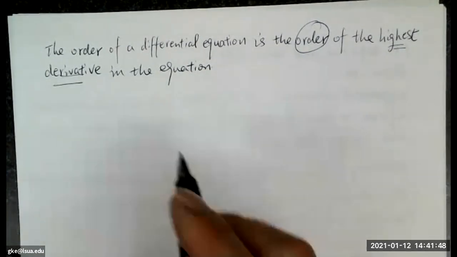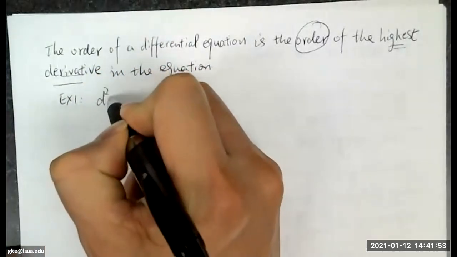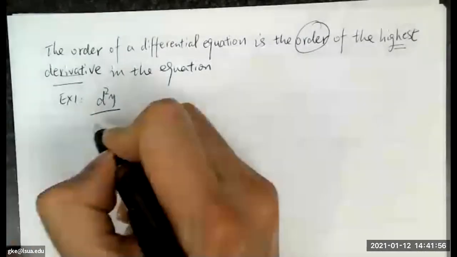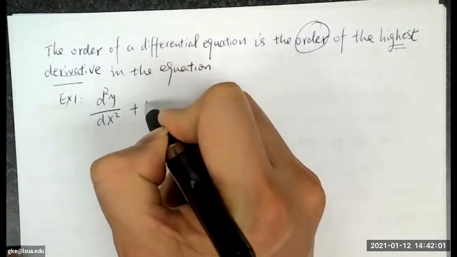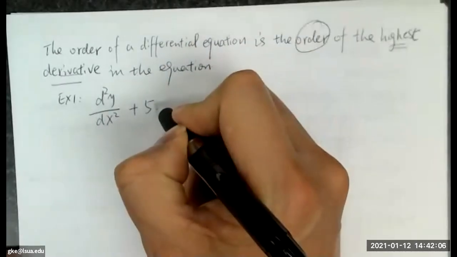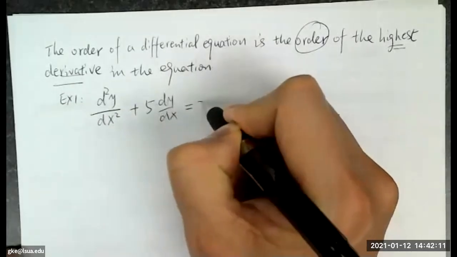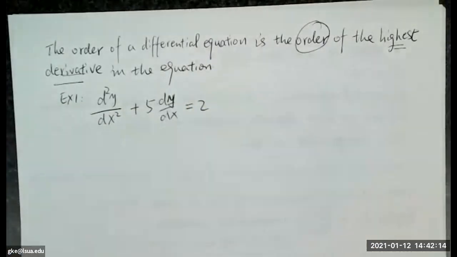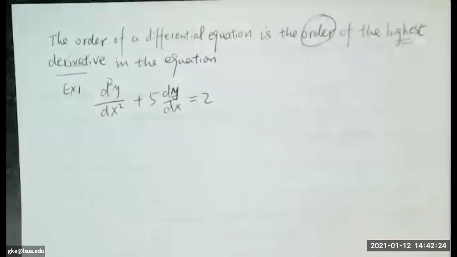Let's take a look at an example. For example, here is d squared y over dx squared plus 5 dy over dx equals 2.